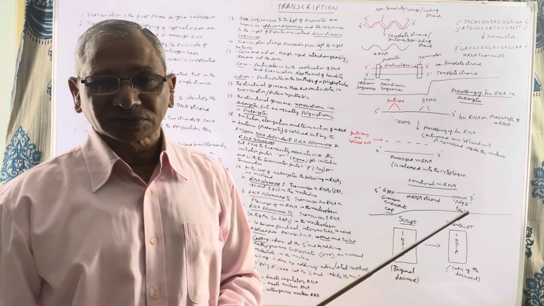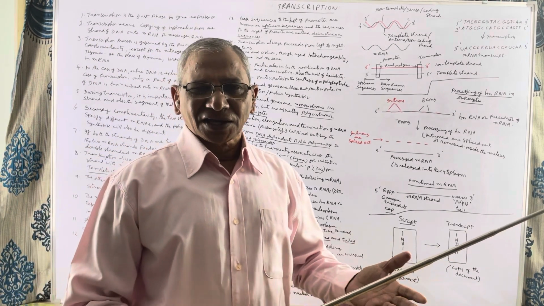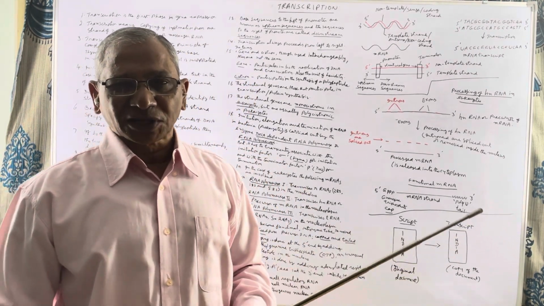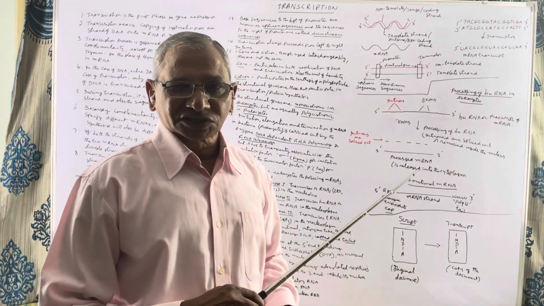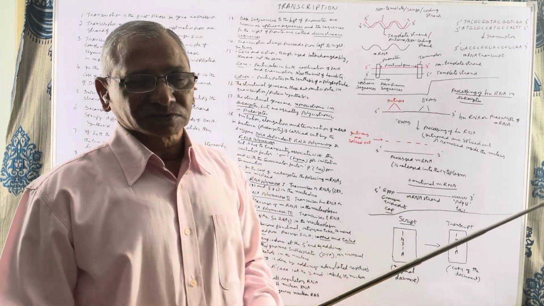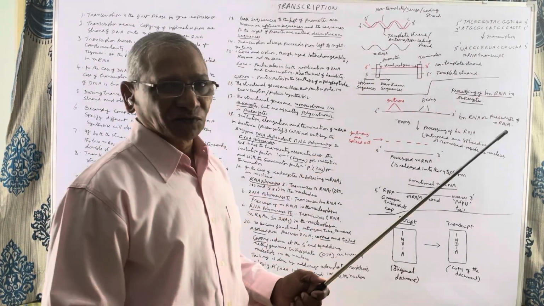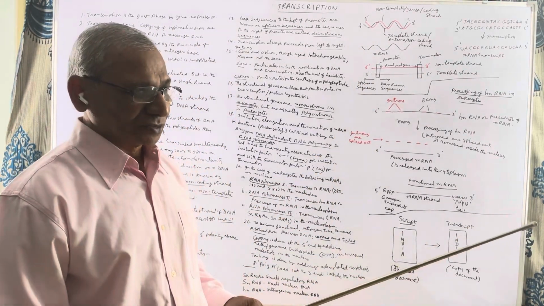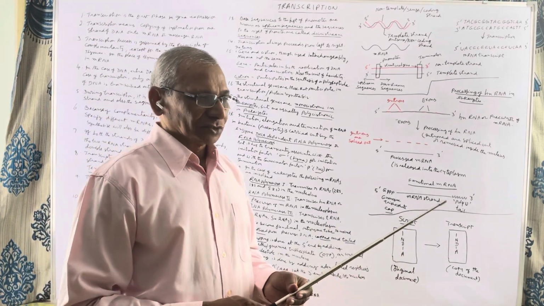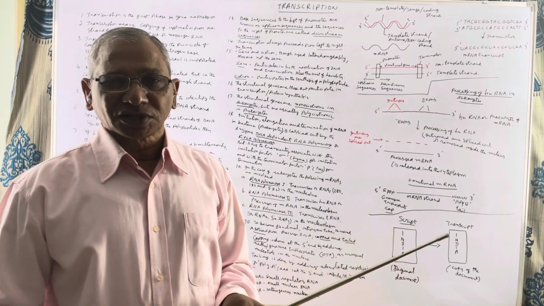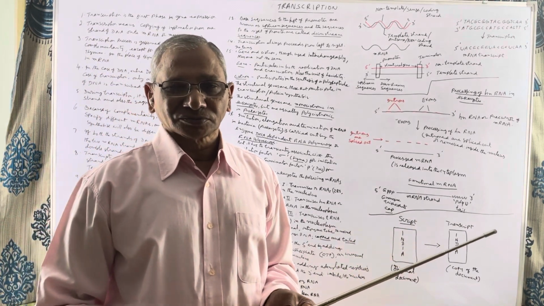This is very important. It is just like replication of DNA. In the case of DNA also, the replication process proceeds from 5-3 direction. Here also, synthesis of mRNA takes place in 5-3 direction. Then, the question is, which strand is involved in transcription?